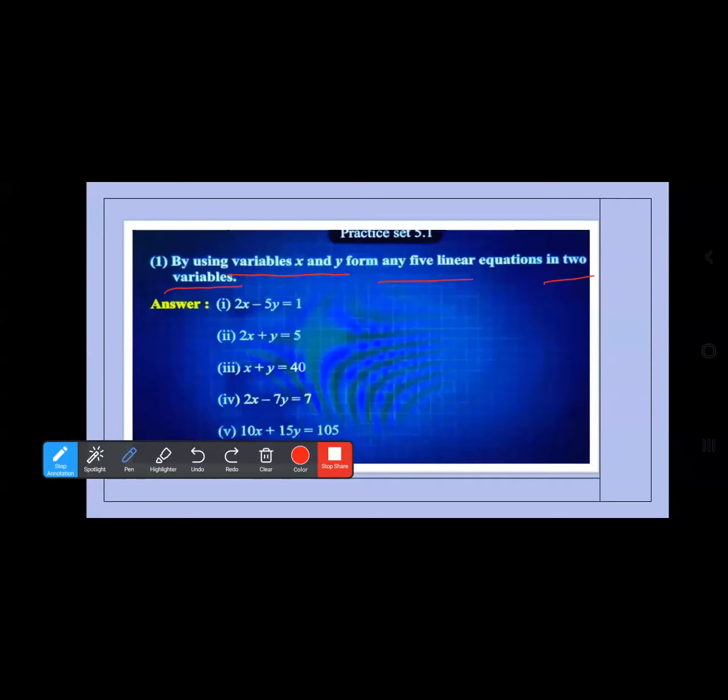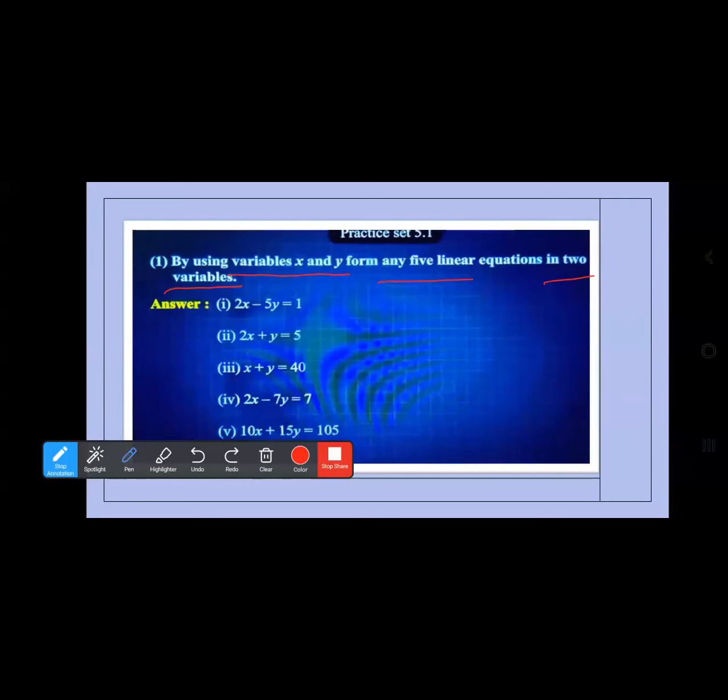If it is not mentioned, you can take any variable. But since it is mentioned x and y, you have to take only x and y. You can take any number, positive, negative, fraction, anything. It's up to your choice, but the variables should be x and y.